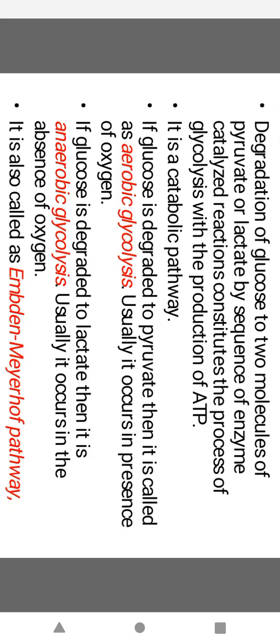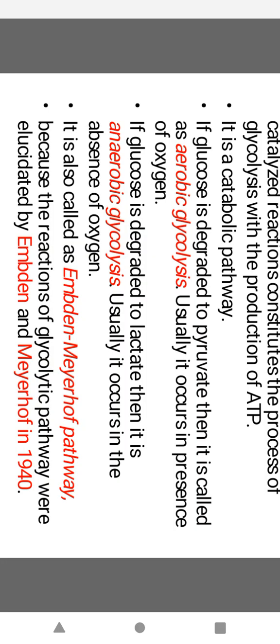If glucose is degraded to lactate, then it is anaerobic glycolysis, which means the final product we get is lactate. It occurs in the absence of oxygen. It is also called the Embden-Meyerhof pathway because this glycolytic pathway was elucidated by Embden-Meyerhof in 1940.